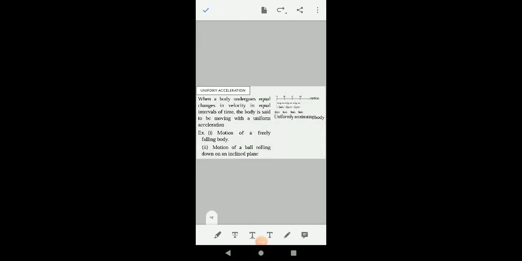I taught you in case of uniform velocity that in equal time intervals, if you are covering equal distance or equal displacement, then we were saying that you are in uniform motion, or your speed or velocity is constant. Similarly, what is uniform acceleration? In equal intervals of time, the increment or decrement of the velocity is uniform.